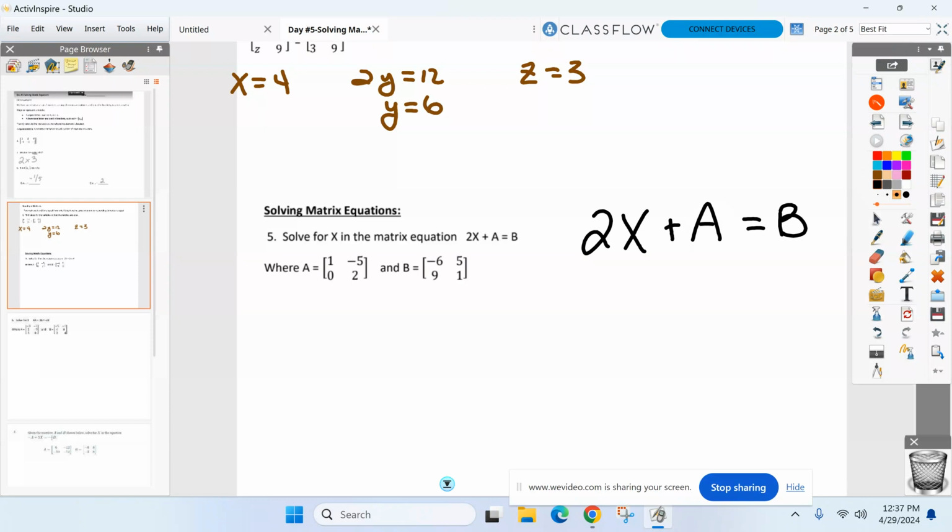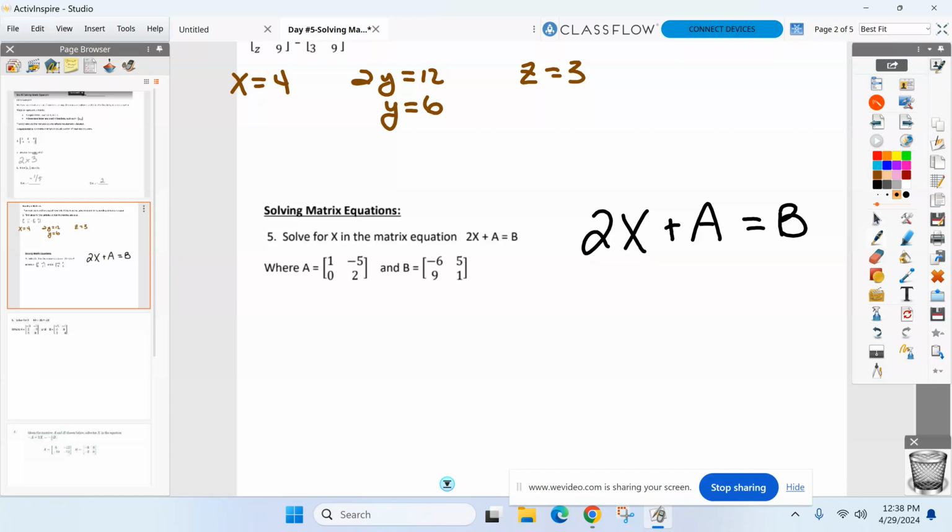I want to know what this magic missing matrix happens to be. So what I had you guys do on Friday is solve the equation first. Forget the matrices, solve the equation for x. First step: get x by itself. How? What's the first step?